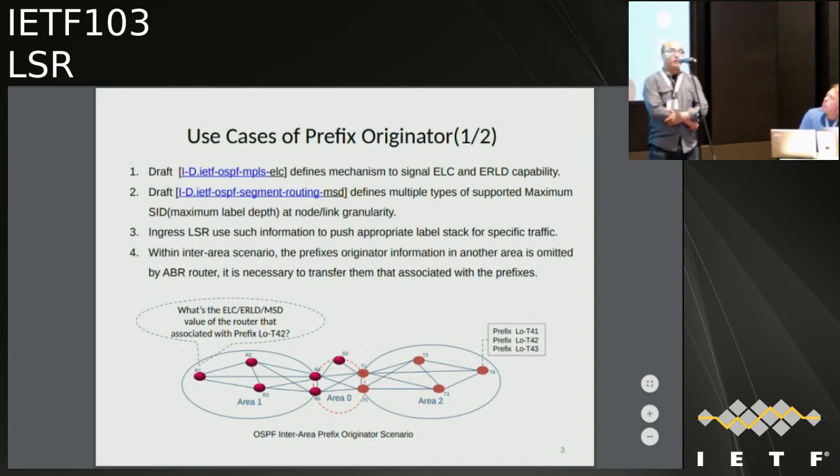So when the ingress LSR needs to know the entropy label capability or the MSD information of a particular prefix, it needs this new source router ID TLV to get this information before it can encapsulate the appropriate label stacks onto the packet.